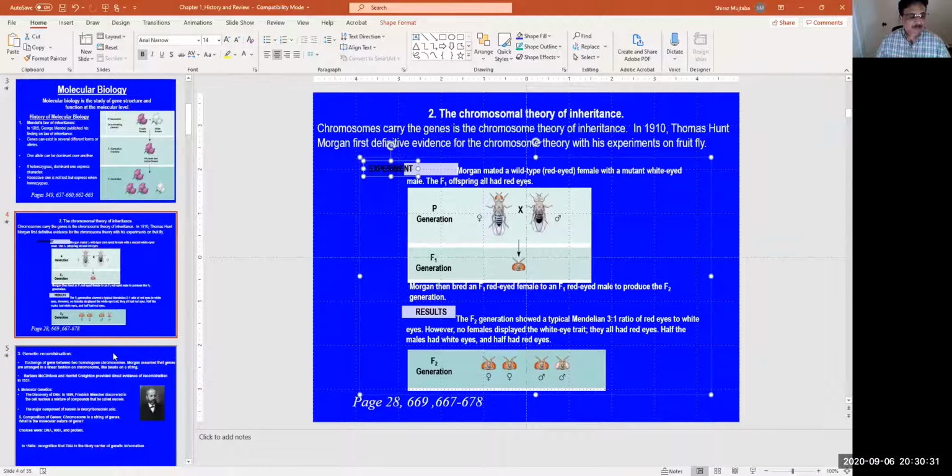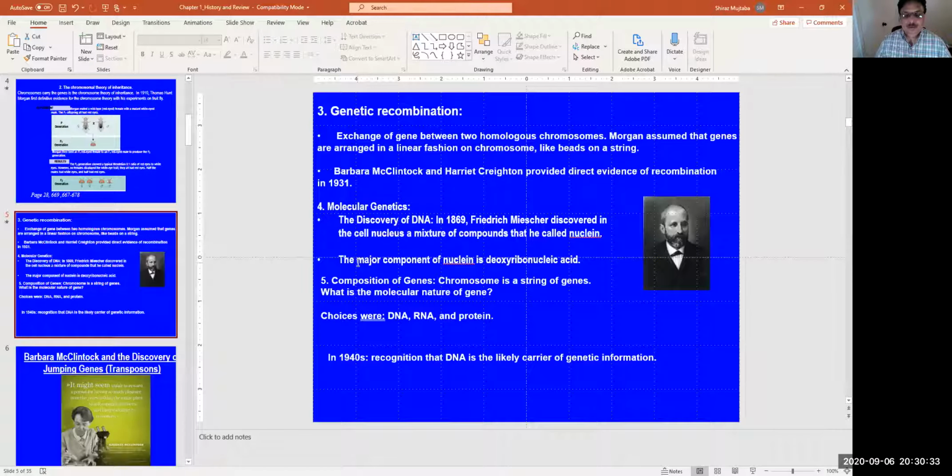After Thomas Morgan, there was a very famous scientist. Her name was Barbara McClintock. She was working in Cold Spring Harbor, which is in New York, Long Island, and her work was mainly on plants, particularly on maize.